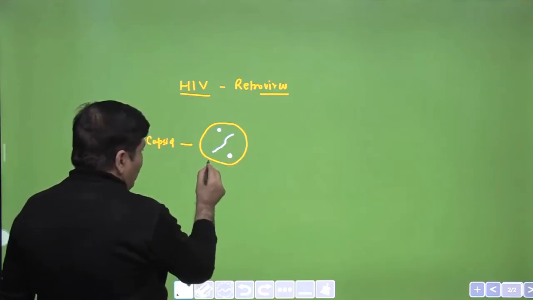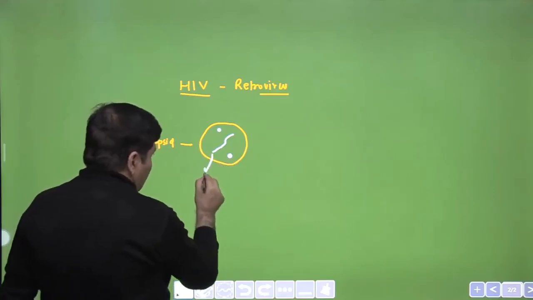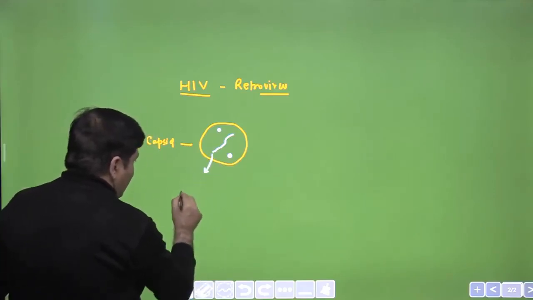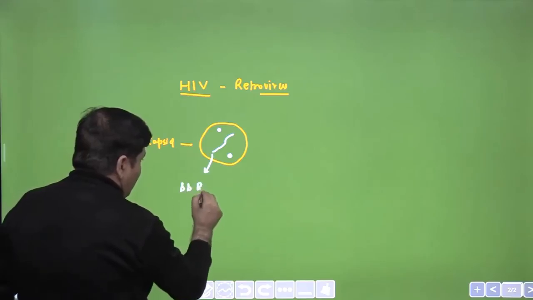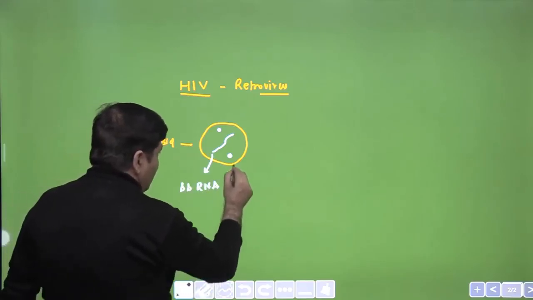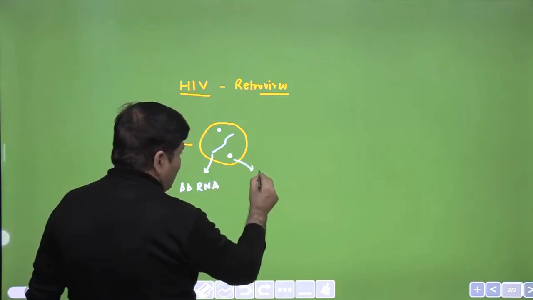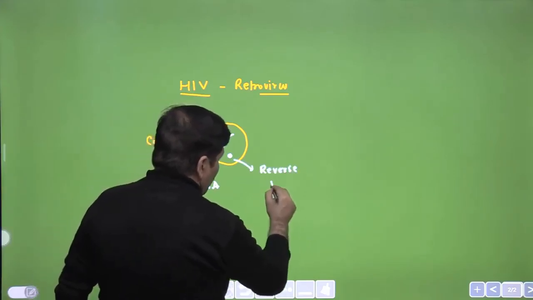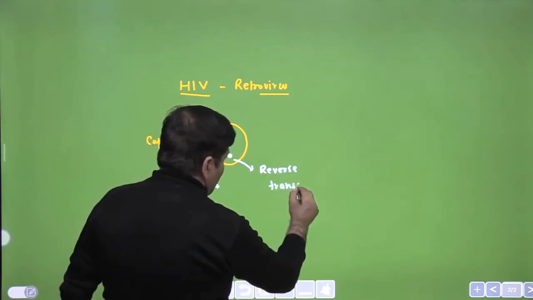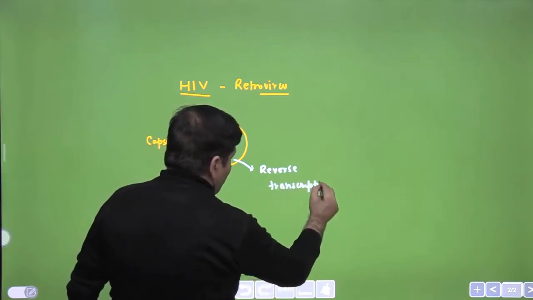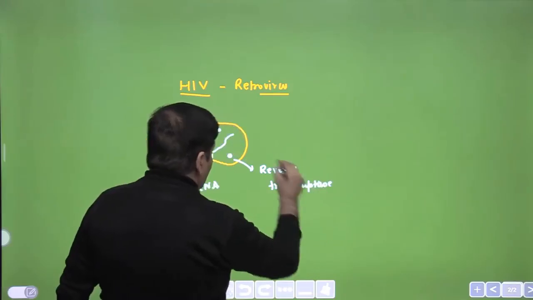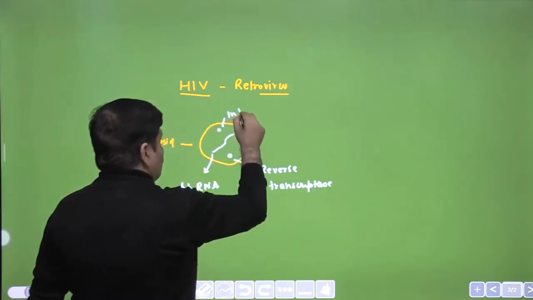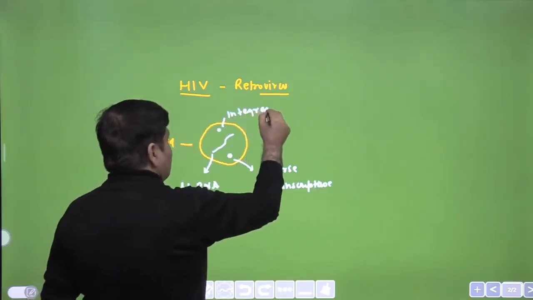So this retrovirus has single-stranded RNA as its genetic material. I have already discussed reverse transcription in the chapter on molecular basis of inheritance, and it also has an enzyme called integrase.